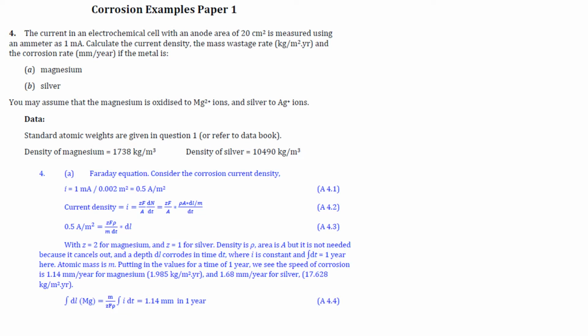Your current density, you have your relation zF over A dN by dt for n moles, and you work out from that, by plugging in numbers and rearranging to get equation A4.3, and then solve for the length which is lost, dl, in some time dt of 1 year, given this constant rate of dissolution. You should solve that and get that your magnesium is losing 1.14 millimeters per year, or if it was silver, 1.68 millimeters per year.